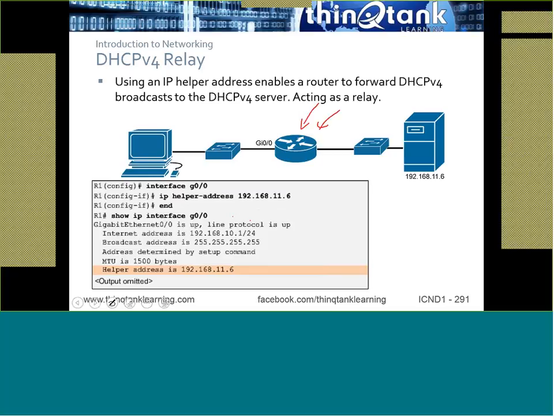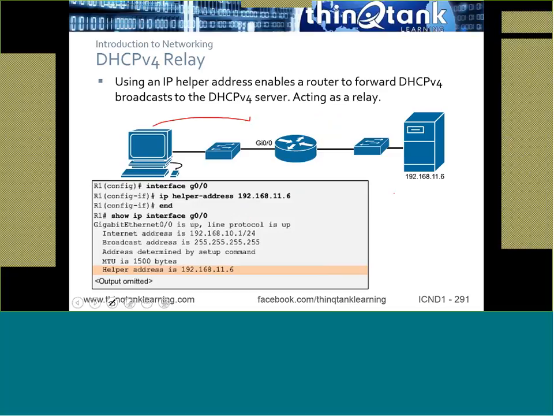The router doesn't forward the broadcasts. Instead, what it does is it converts those broadcasts to a unicast address and forwards those on to the server. It's not quite a conversion. It's actually a relayed request, so the server knows this information is being relayed from the router.